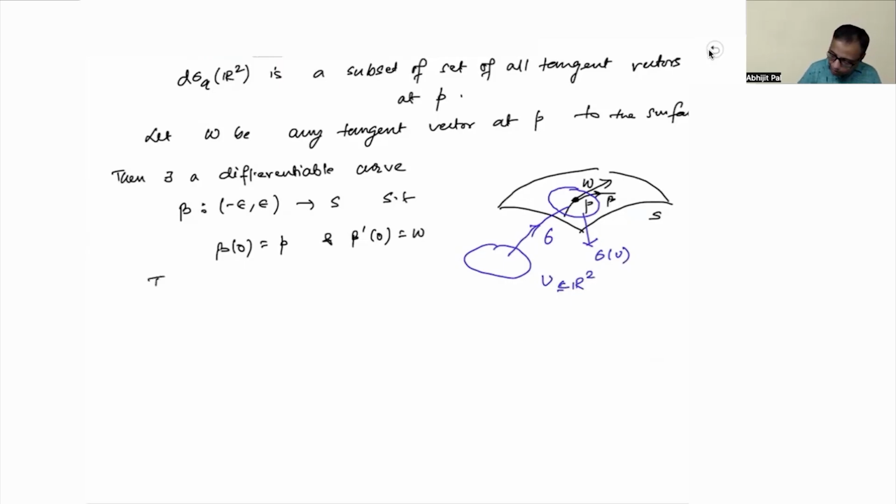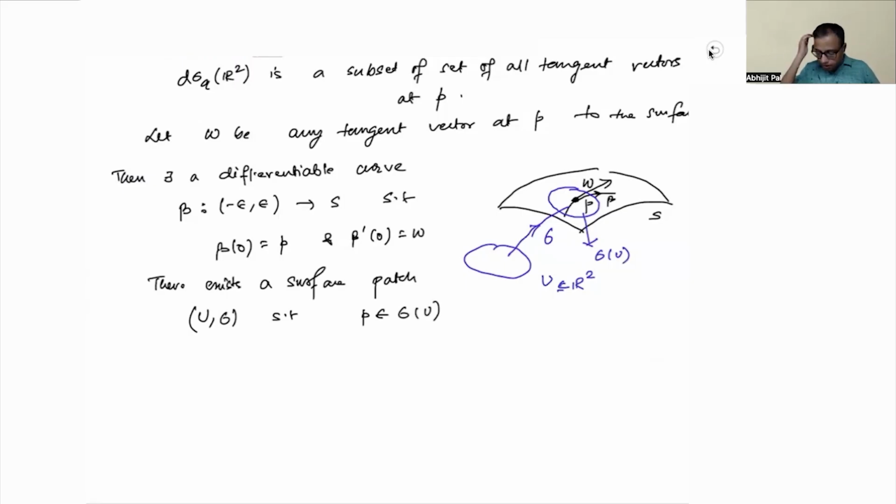So there exists a surface patch sigma such that this P is contained in this sigma U.